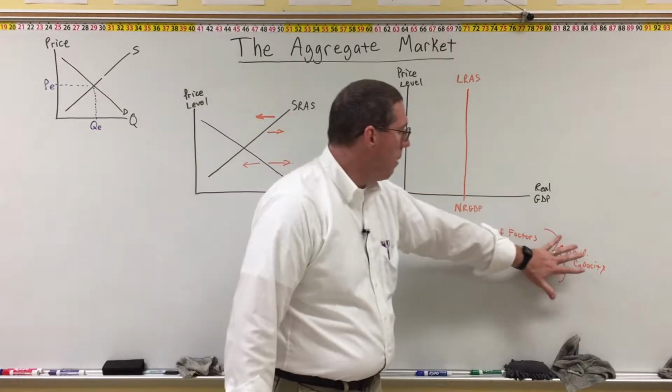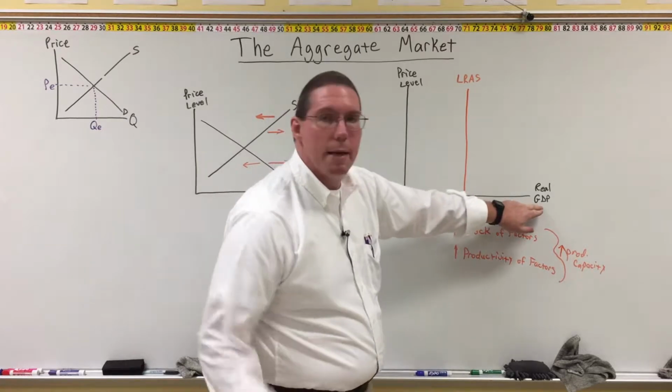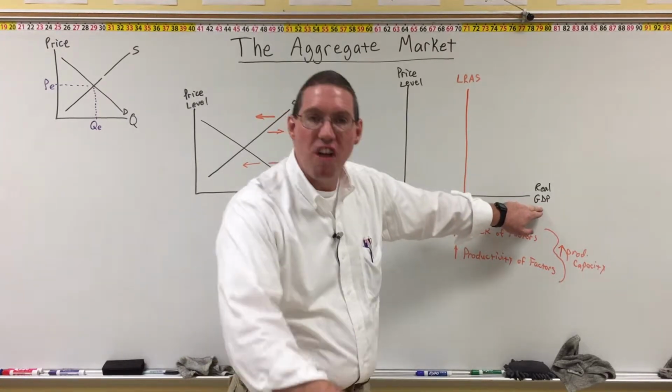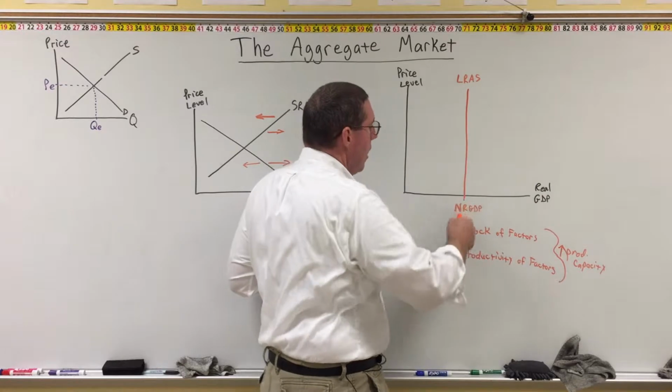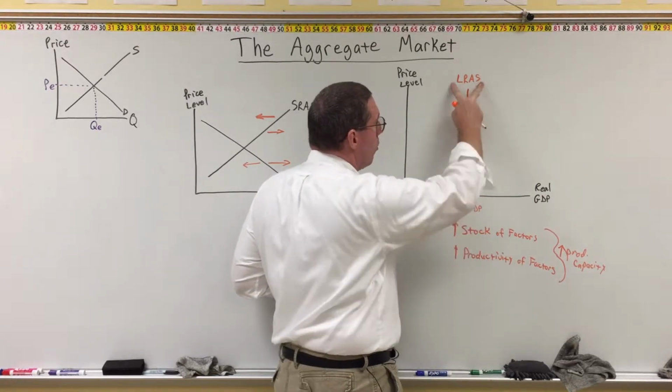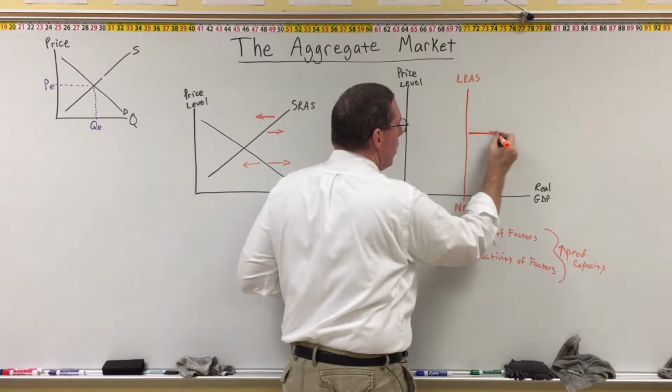And as our productive capacity increases, we can produce a larger quantity of stuff in the economy. And natural real GDP, or long-run aggregate supply, will increase.